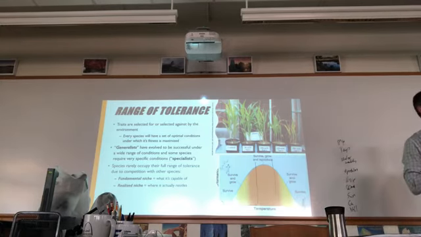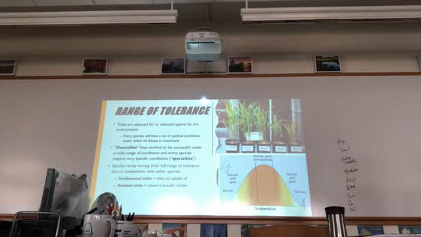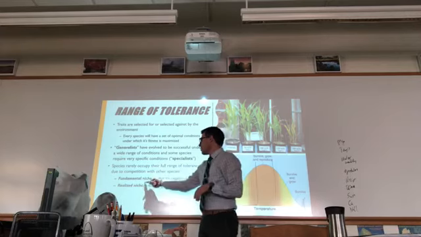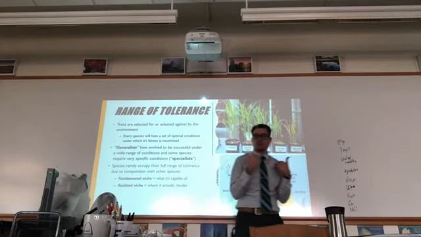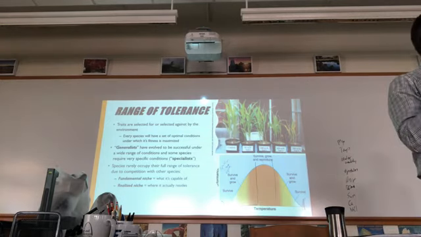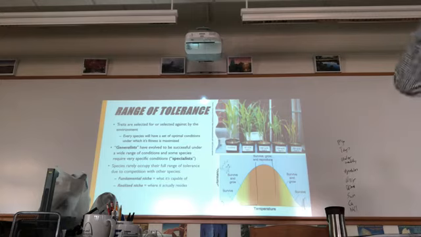This is where they can survive. So the range of tolerance and the fundamental niche are kind of similar. And what you'll notice is both of these have the word niche. This is the place, the role that a species has in the ecosystem. More niches, more resources, more fundamental niches, all of those things. There's a reason that we carry forward this ecological term of niche and apply it to this.